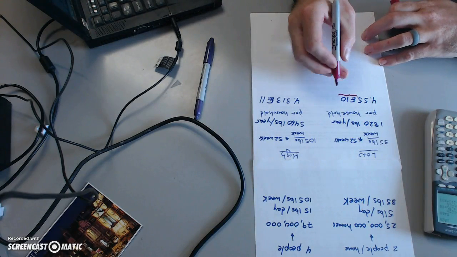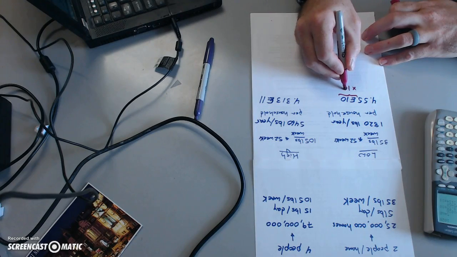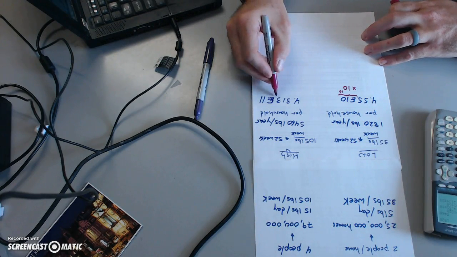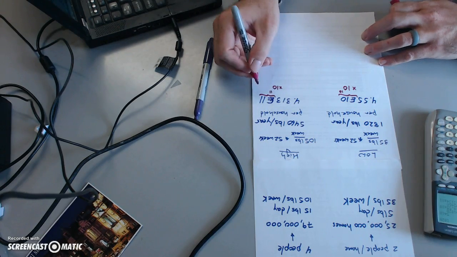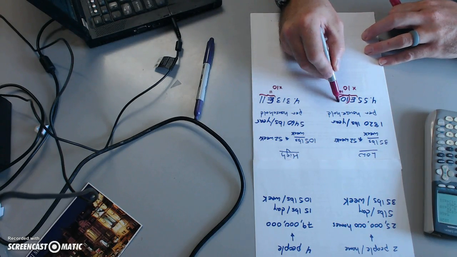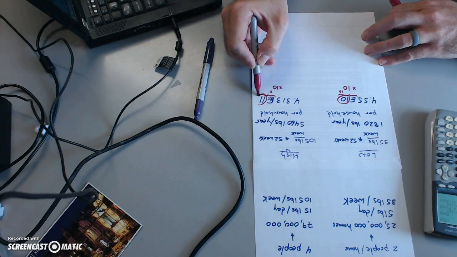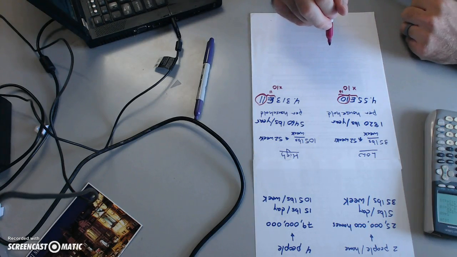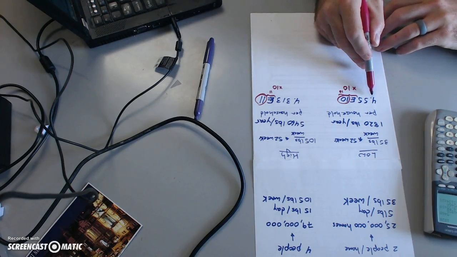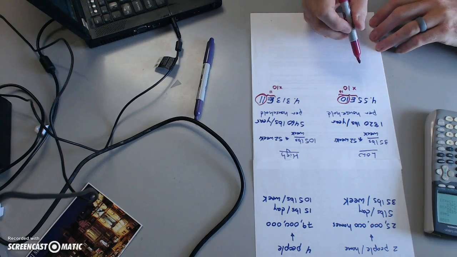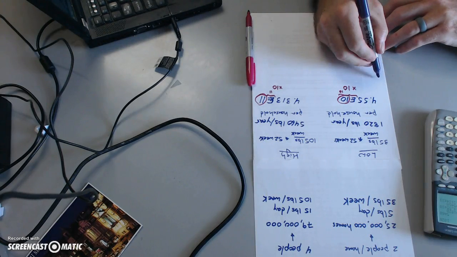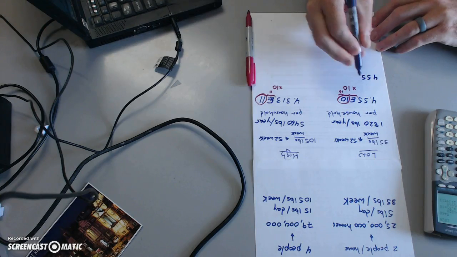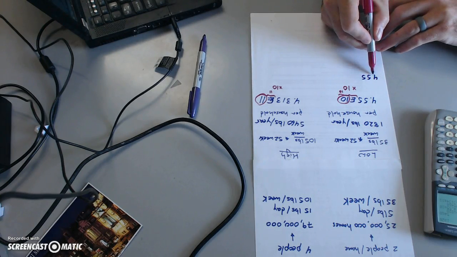This symbol means times 10 to the 10th power. And this symbol means times 10 to the 11th power. So the 10 here is the power, and the 11 here is the power. Now, how do we make sense of this answer? Well, when you multiply by 10, remember you just move the decimal place. So this would be 4.55, and we're going to move the decimal place to the right 10 times.